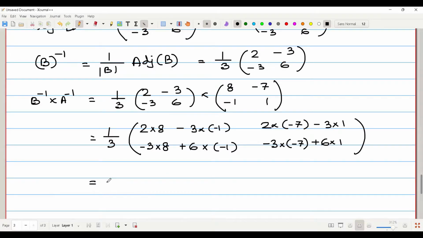So that means the result is 1 by 3, 19 minus 17 minus 30 and 27, and that one is already we have as AB inverse. So that is verified.